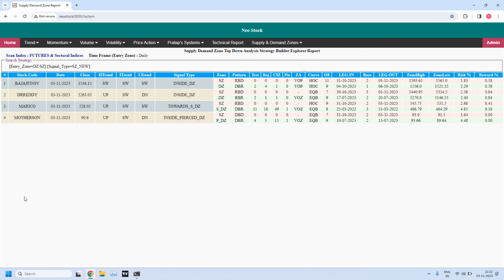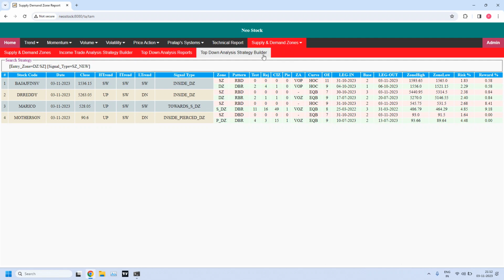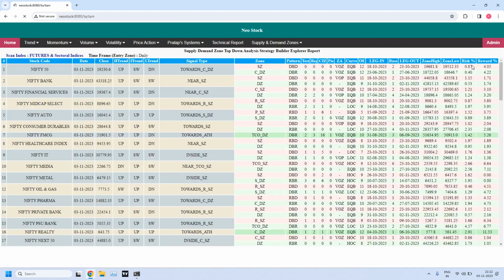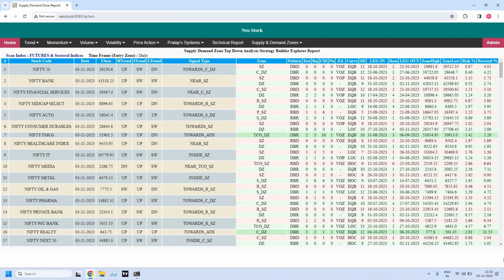Now I'm generating demand and supply zones for the daily time frame without any filters. Entry time frame daily. So this is the complete list. I will keep on scrolling this list down. Wherever you want to refer or whichever stock you want to refer to, pause the video there. I will give a few seconds each time I scroll down.